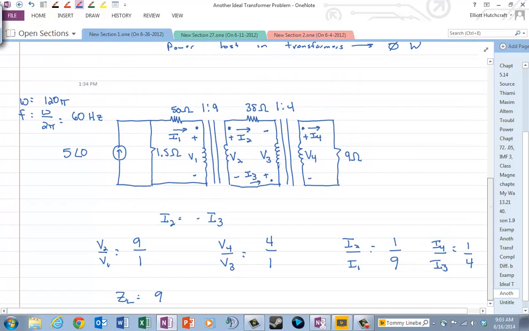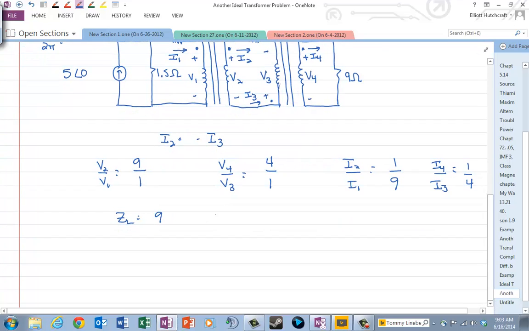Okay, so ZL is 9, and remember there's no other resistance beside that in that last branch over there, so we can take the load impedance and convert it to the primary side of the second transformer.